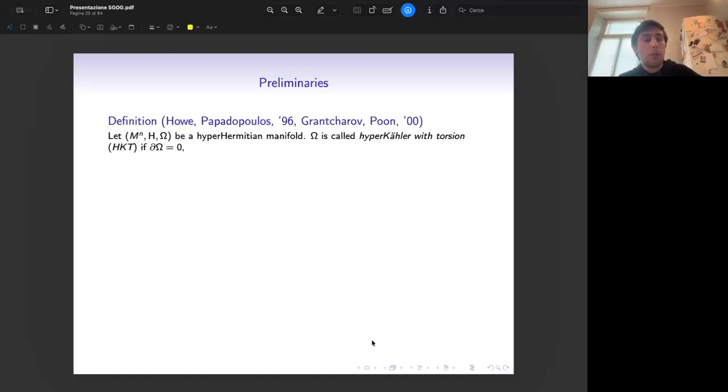But as I was anticipating before, once we have a hyper-Hermitian metric, we can impose some cohomological conditions. And the very first type of cohomological condition that historically was defined, the notion of a special hyper-Hermitian metric, was that of hyperkähler with torsion, which was introduced by Howe and Papadopoulos and then studied by many authors, especially Grantcharov and Poon.